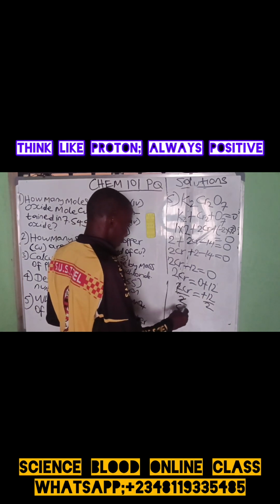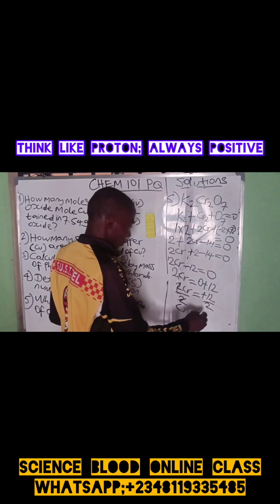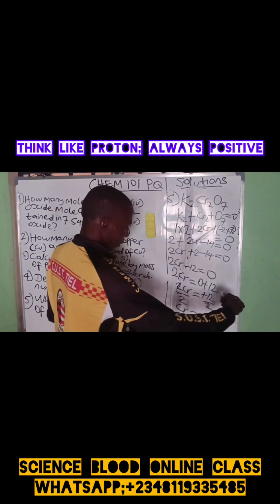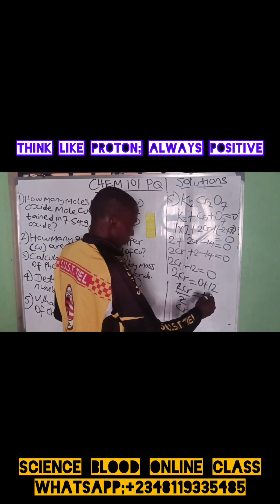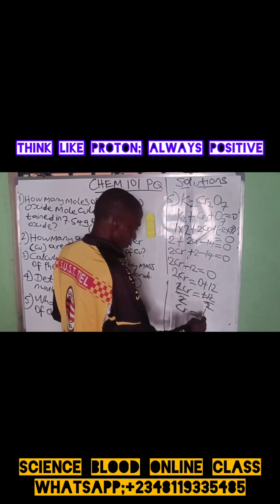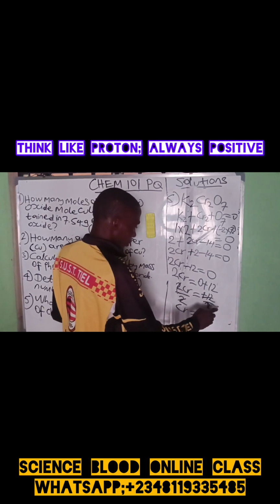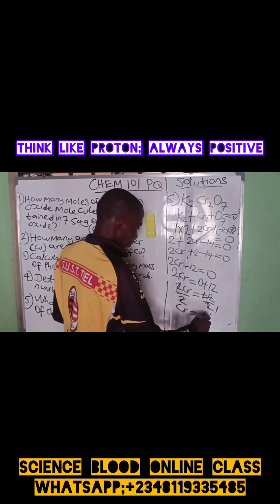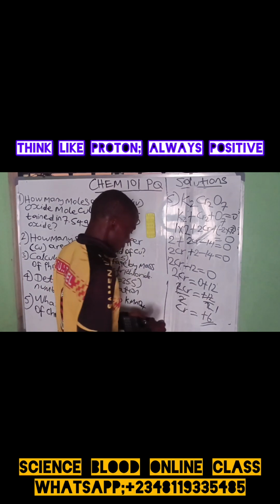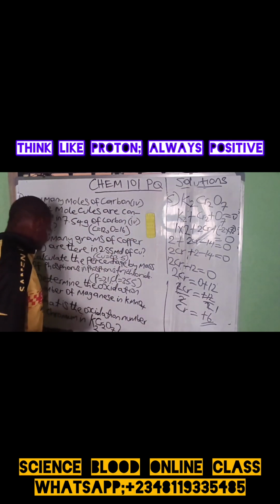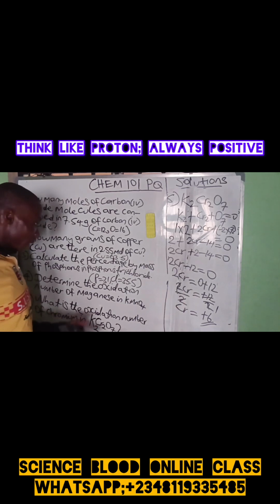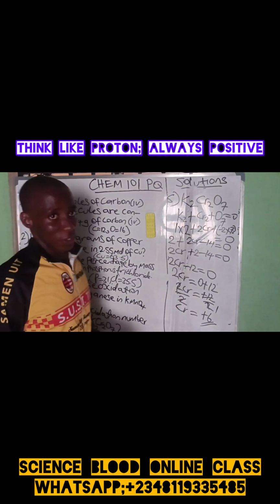We are now left with Cr equals, on the right hand side, plus 12 divided by 2, which gives us plus 6. So the oxidation number of chromium in this compound is plus 6.